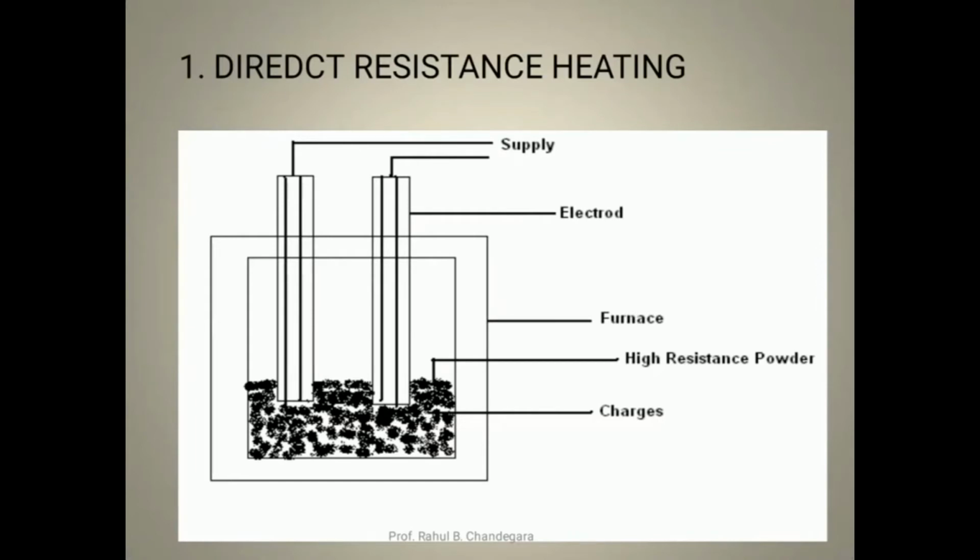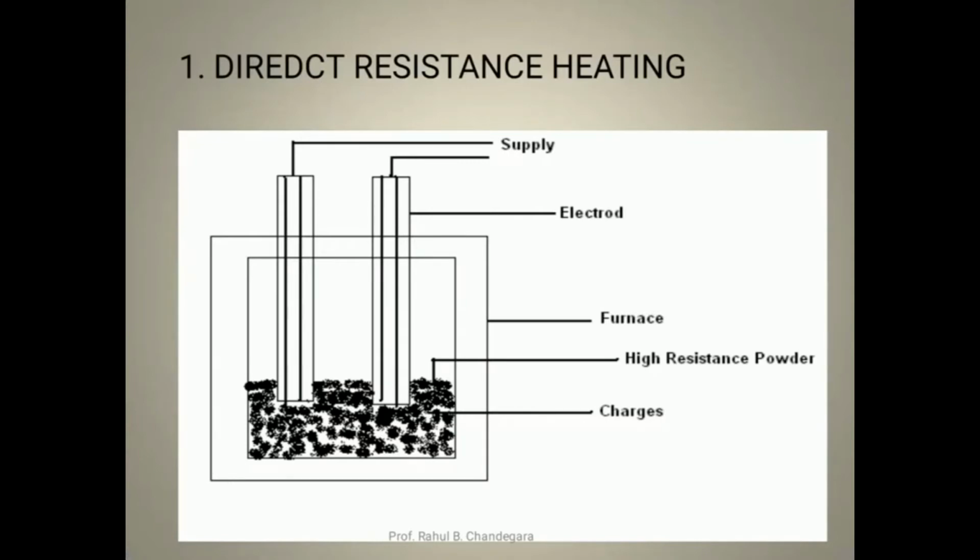The charge is in the form of powder or solid. Some elements are added to the charge so that its resistivity increases, so a high resistance powder and heating element produce the charge.